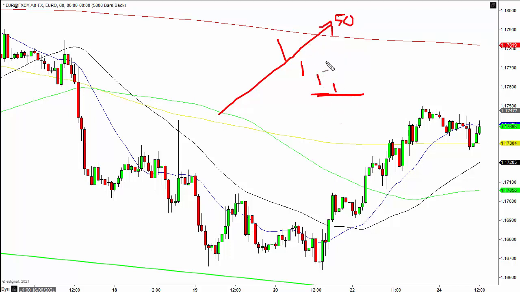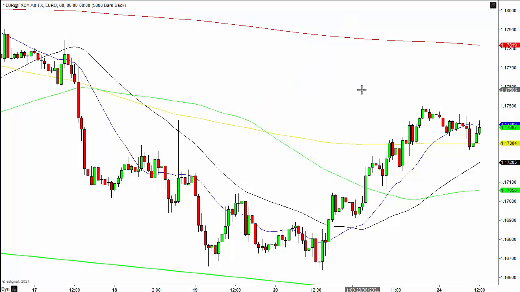That gives me a heads up that price should want to bounce. That's useful information for me when it comes to using moving averages. So the slope, and what these moving averages might be doing relative to price.